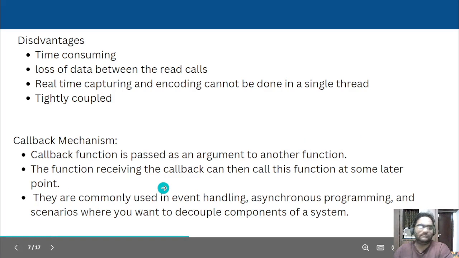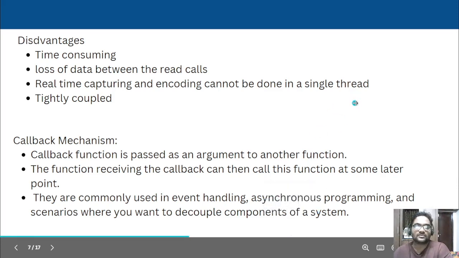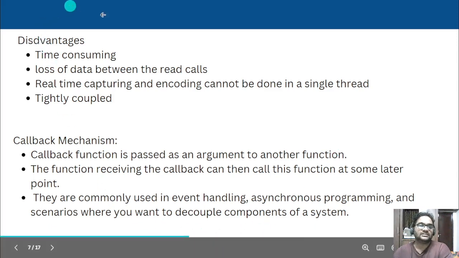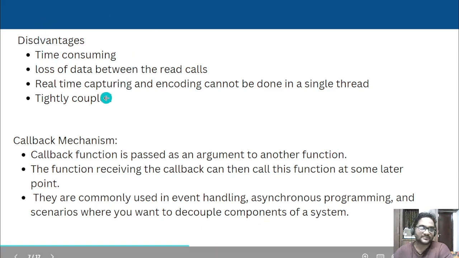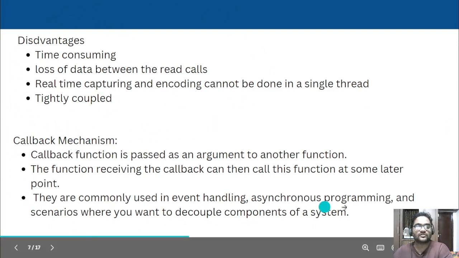These are commonly used in event handling, asynchronous programming, and scenarios where you want to decouple the components of a system. So this is about the disadvantages of the current approach, and to overcome this, we are introducing a callback mechanism, which allows you to run things in parallel or in an asynchronous way.